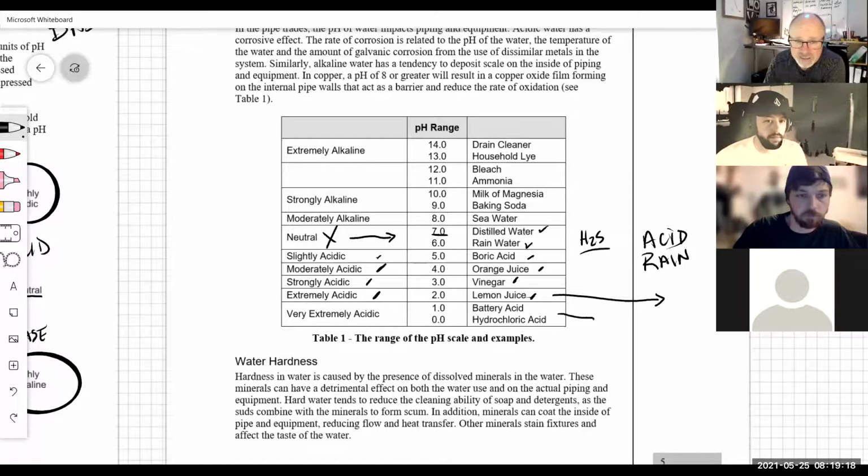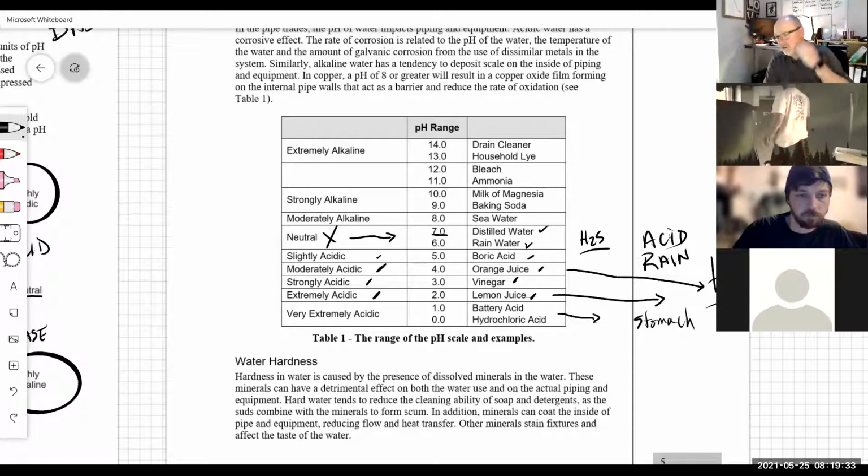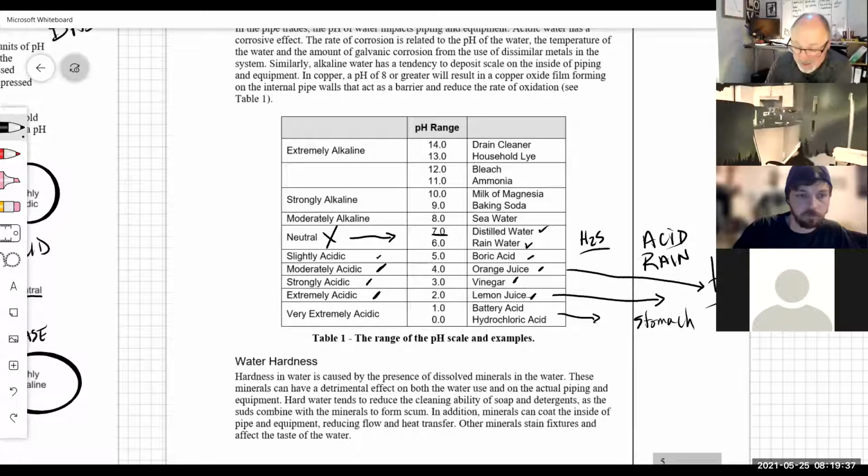Very extremely acidic would be your stomach. It's terrible. And look at this orange juice. You know what this affects also? Your teeth. So if you like to drink a lot of juice, use the straw that the little box comes with because you want to protect your teeth.